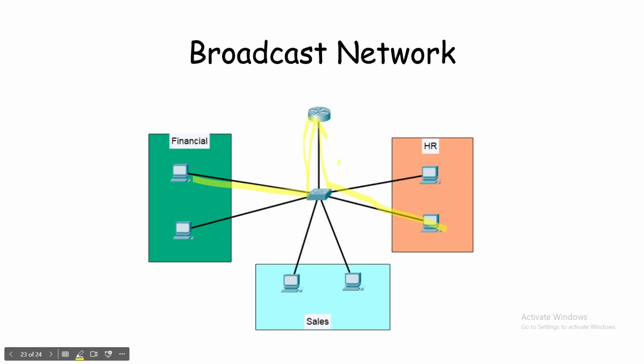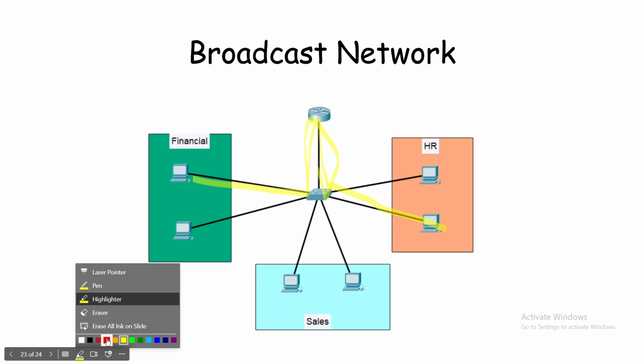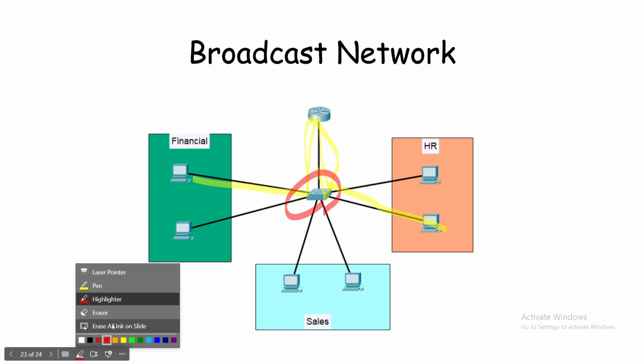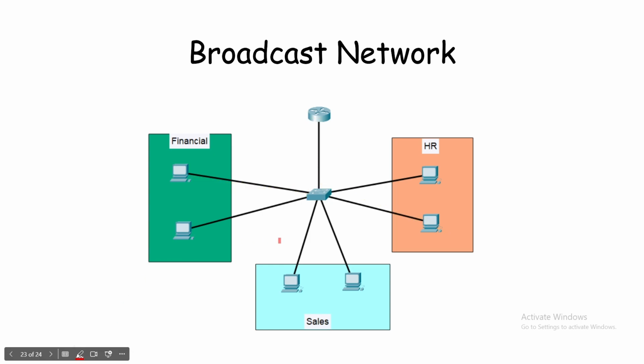To avoid this, we will use a layer 3 switch here instead of this layer 2 switch, and also we will remove this router. The layer 3 switch will perform routing functions internally by using switch virtual interfaces.